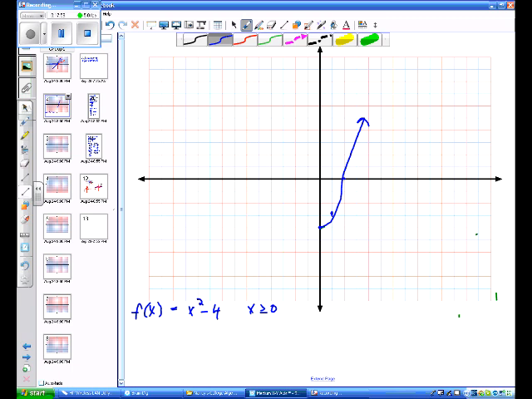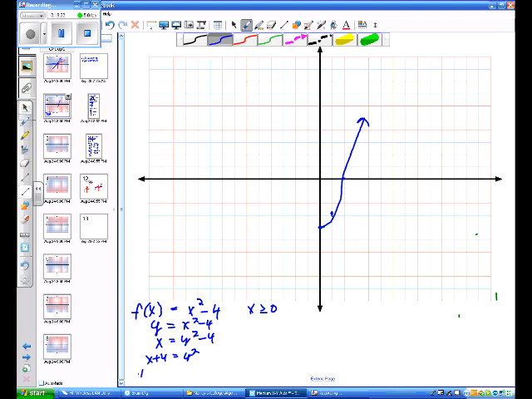Now, let's find the inverse. So we're going to replace f of x with y. We're going to switch our x and y, and then solve for y. So we'll add 4, and then take the square root of both sides.